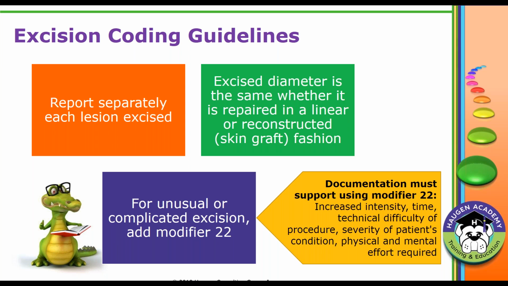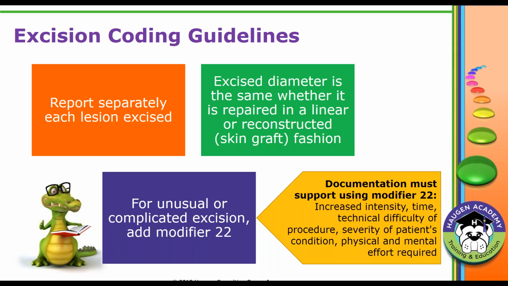Even if multiple lesions are removed in the same areas that are grouped together by CPT, you would still report them separately. Like I said, if you're familiar with wound repair, you're used to grouping like repairs in the same body areas together. For excisions, you're going to report separately each lesion that's excised.